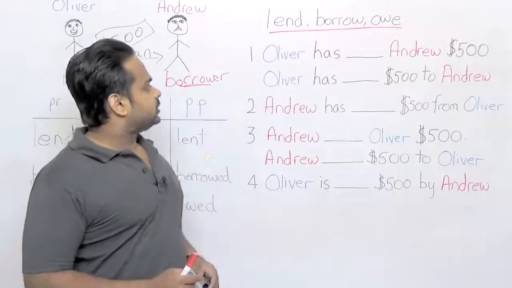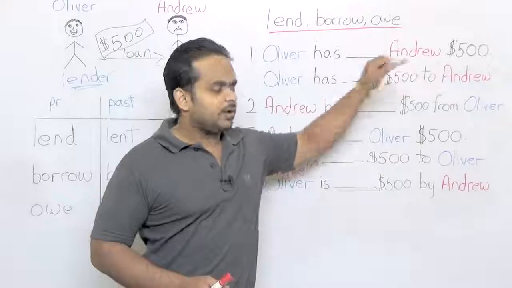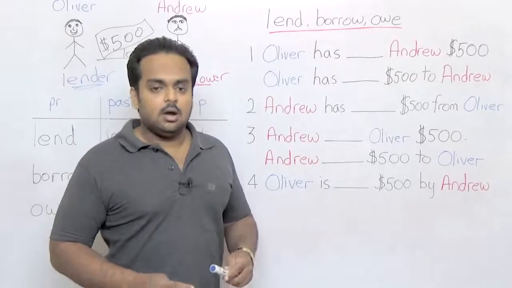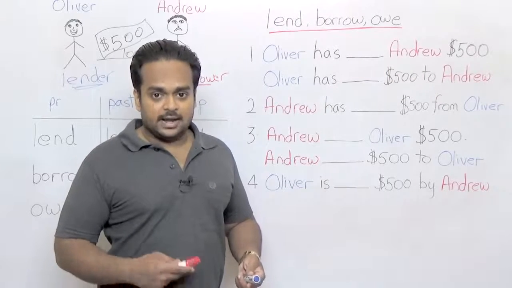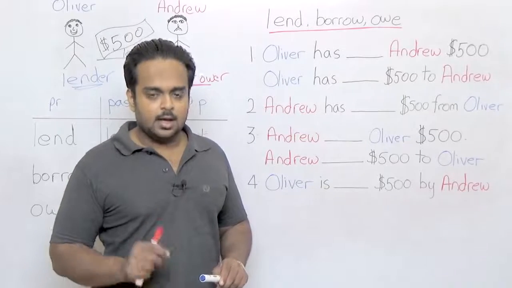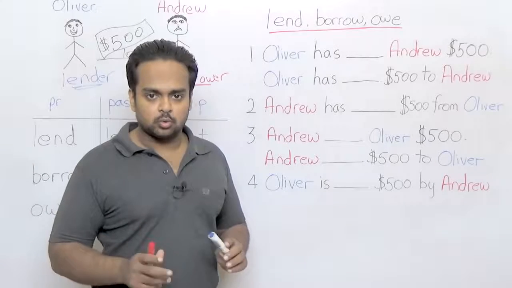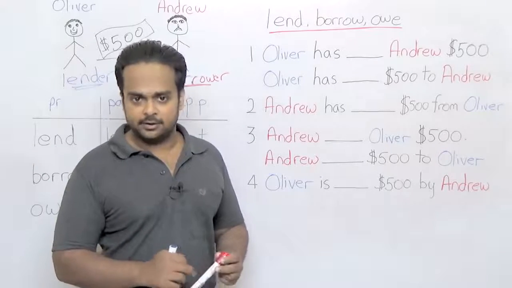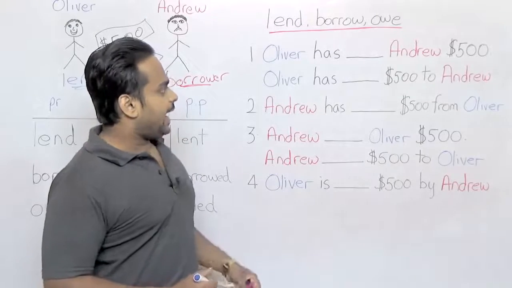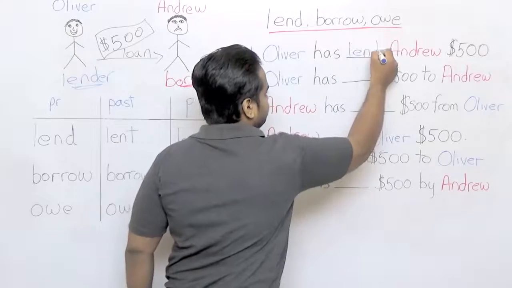Okay, let's now move on and look at some practice sentences. Take a look at the first sentence. Oliver has Andrew $500. Well, we can say Oliver has given Andrew $500, and that would be correct. However, we want to stress that it's a loan, so we can use the word lend. So Oliver has lent Andrew $500.